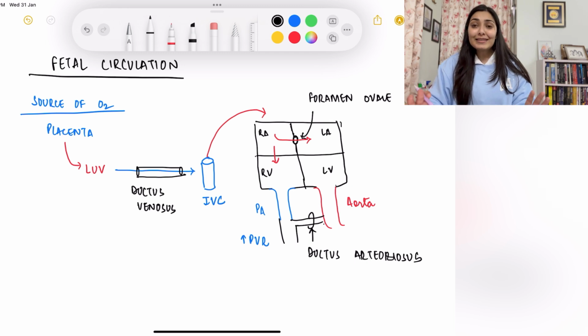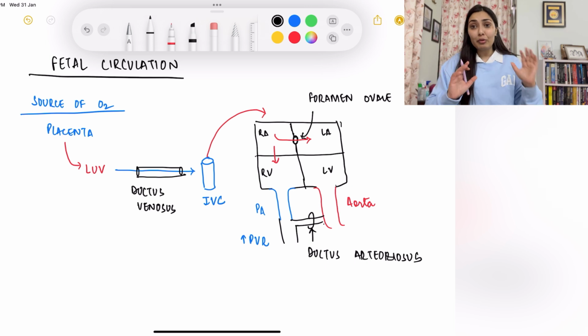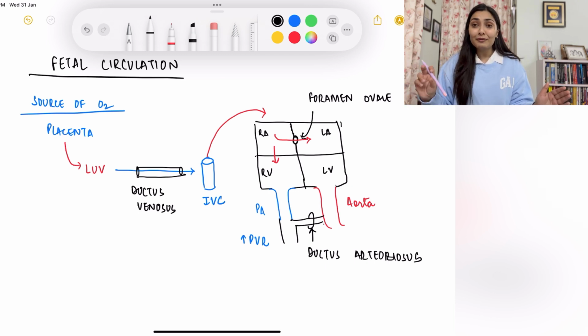So this is a simple line diagram showing fetal circulation, starting from the left umbilical vein that joins another big vein draining into the heart, the inferior vena cava. The duct joining these two veins is the ductus venosus. This oxygenated blood from the right atrium will now go to the left atrium through the foramen ovale, and the rest goes down into the right ventricle.